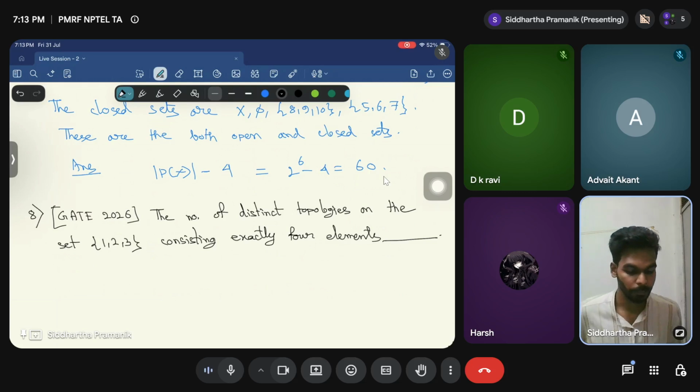Okay, so we need to find the number of topologies whose cardinality is exactly 4.